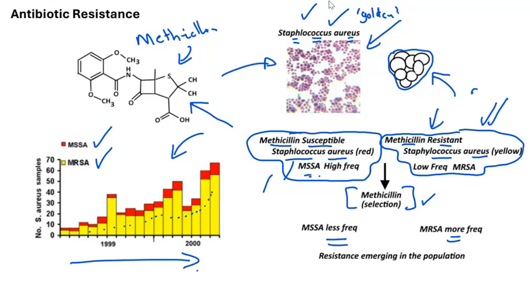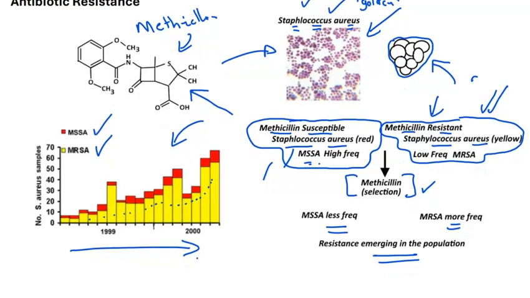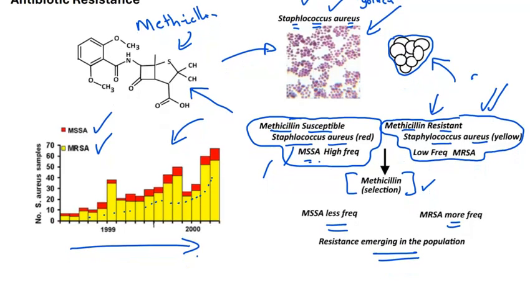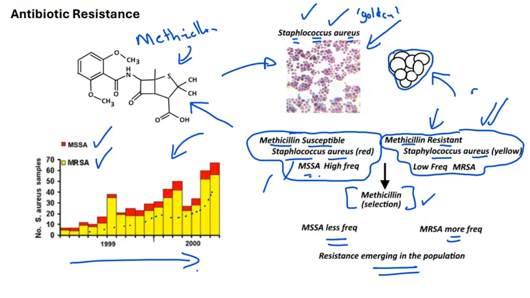This is the idea of the resistance emerging in the populations, and you'll know that in order to overcome, or to partly overcome, this issue, we are all advised to complete our course of antibiotic drugs where those are administered in treatment of disease.